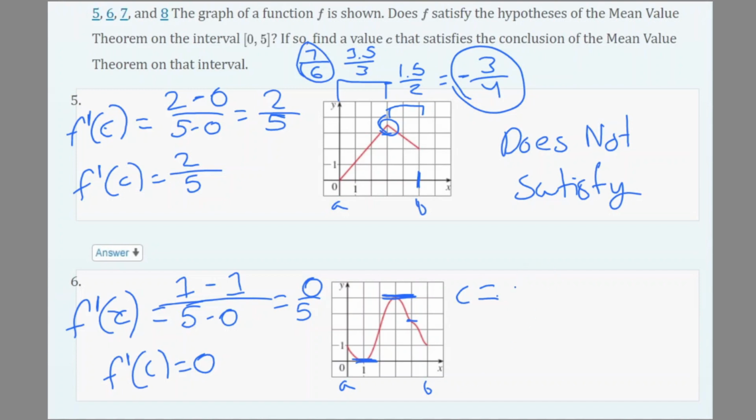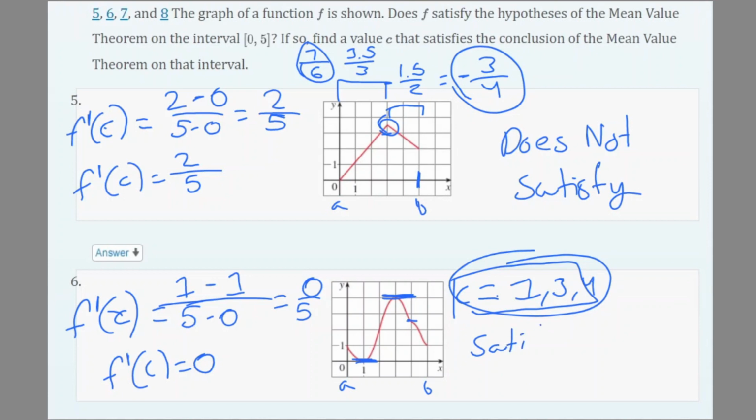So we could say that the c values that satisfy this are 1, and then 3 and 4. So that would be your answer for that. And it does satisfy the mean value theorem, because we saw that there are c values that exist that satisfy the theorem, and it also doesn't have any sharp corners.